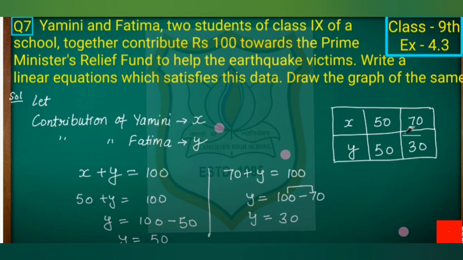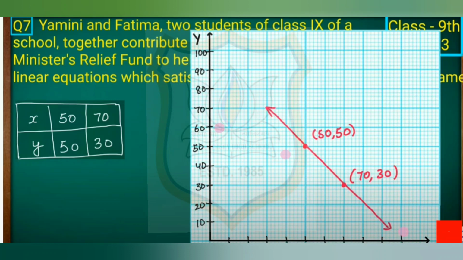Now we have to plot in a graph. Let's see. Now we have to put the point x equals 50 and y equals 50. First we have the y axis and x axis. Here on the x axis we have 10, 20, 30, 40, 50, 60, 70, 80, 90, 100.